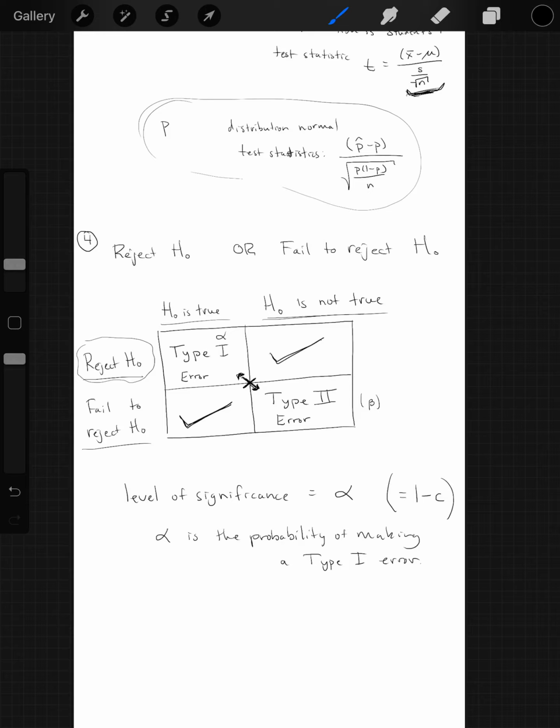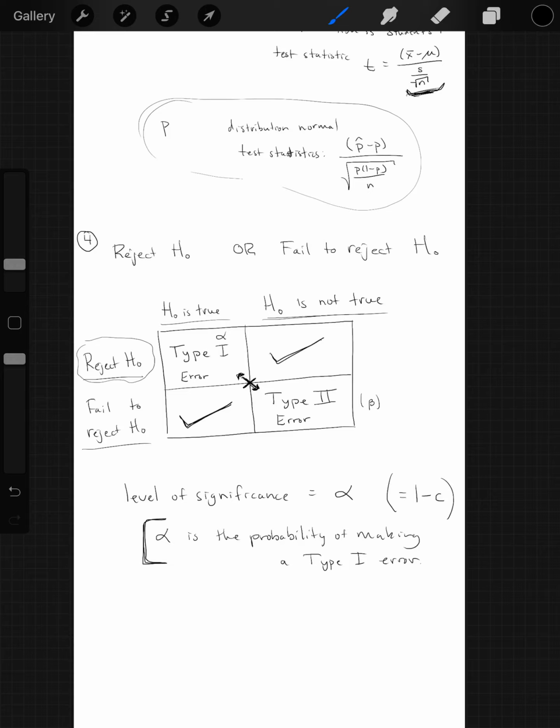And one of the things when you learn to do this in your particular field is there are often some guidelines or some ways of thinking about it that help you decide that alpha. But the alpha is always going to be this probability of type 1 error.